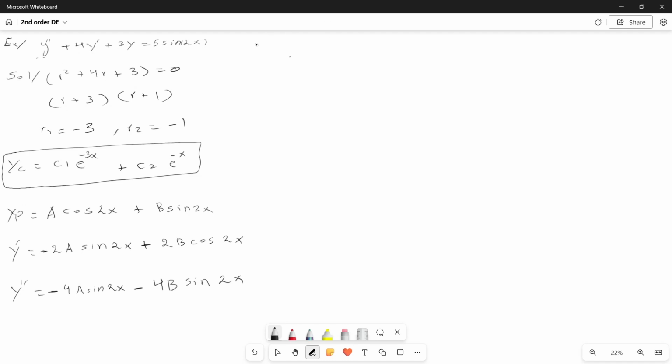We'll do that as such. Negative 4a cosine 2x, I messed up, that should be cosine. Sorry about that.